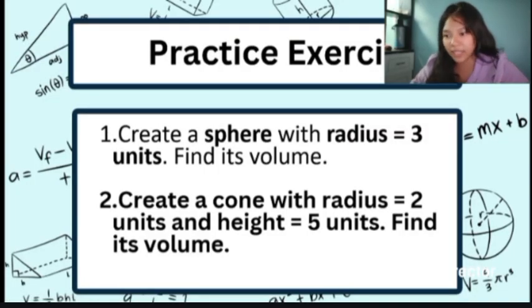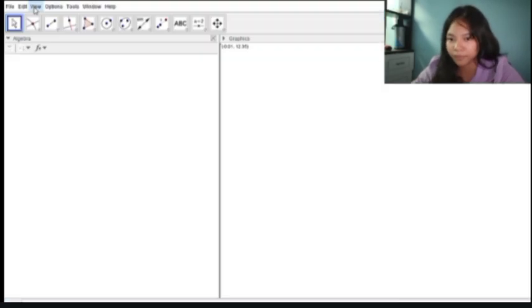So another practice exercise. Number 1, create a sphere with radius 3 units and find its volume. And number 2, create a cone with radius equal to 2 and height equal to 5 units. So find its volume.